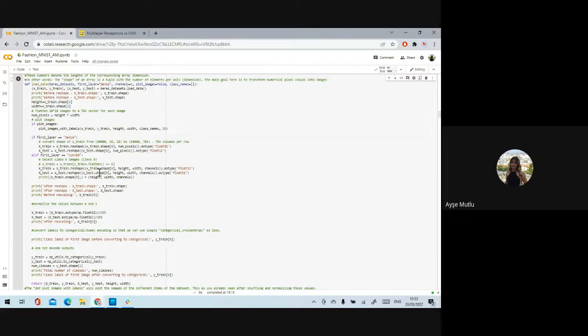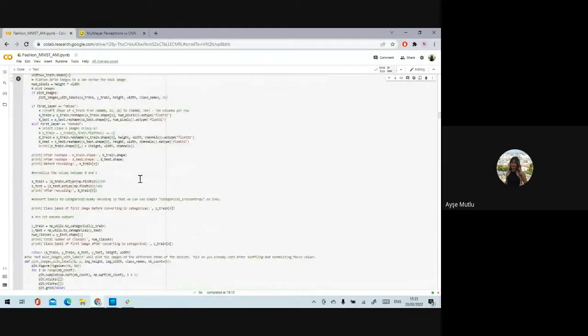So that's the reason we have the 28 here, 28 here, and we have the channel. Then we also convert it to float32, and the same for the X test, and then we are printing the shape for the X train and X test.